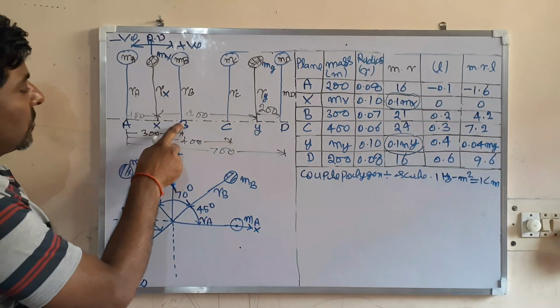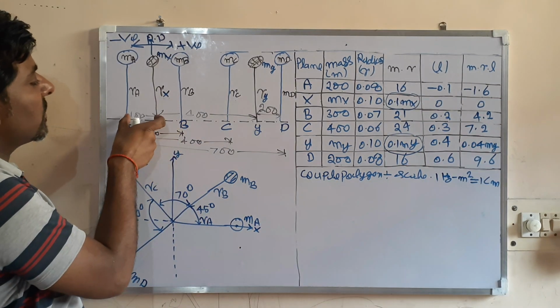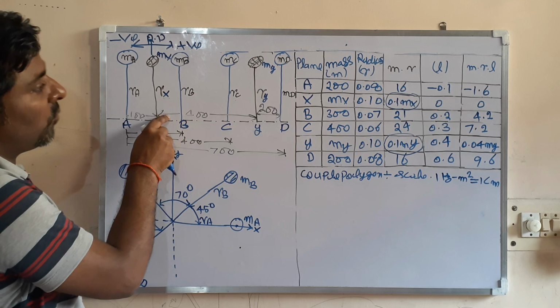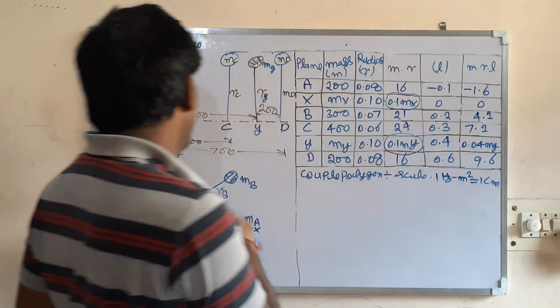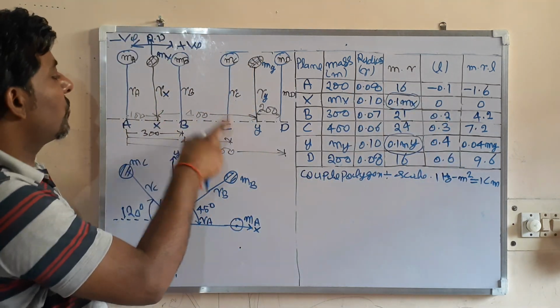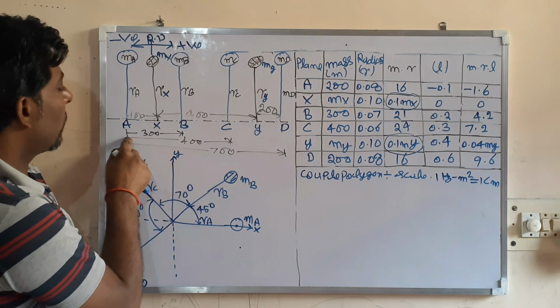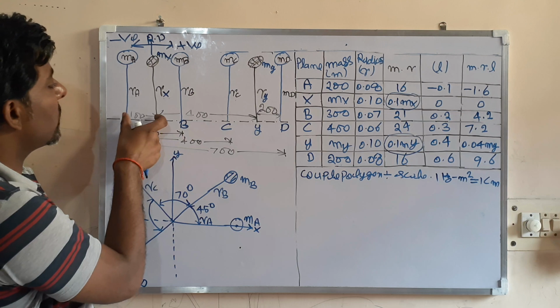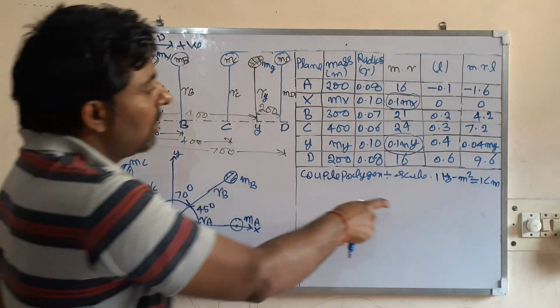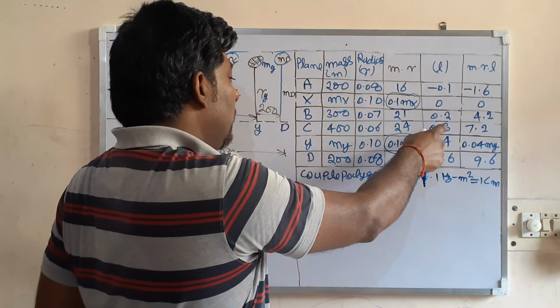From X to B, this is 300 and this is 100, so this will be 200, that is 0.2 from the reference plane to B. From the reference plane to C, this is 400 and this is 100, so this will be 300, which in meters becomes 0.3.